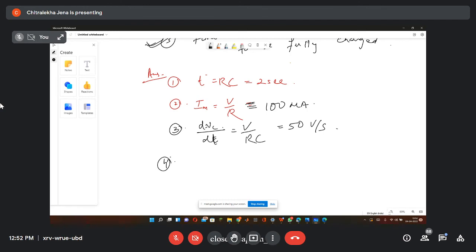Ma'am, could you explain this third bit a little? I did not understand. Open the charging of capacitor that I have taught you; have you written it? Yes, ma'am, written. So you see, have I given this formula or not? If you are not able to understand, then tell.